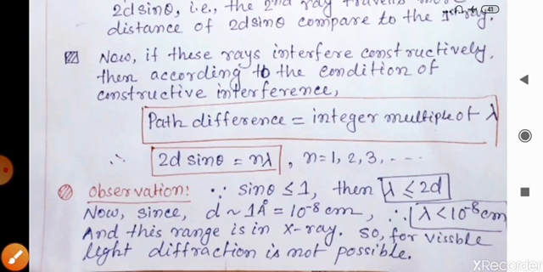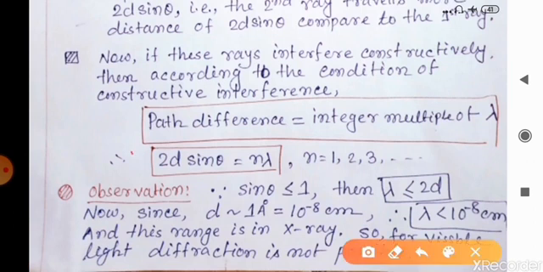There is an important observation from this: why do we use X-rays to find the diffraction when it passes through the crystal structure, and why don't we use visible light? If we see from this relation, sin theta has a maximum value of 1, that is sin theta is less than or equal to 1. If we apply this restriction on this equation, we find that lambda must be less than or equal to 2d.